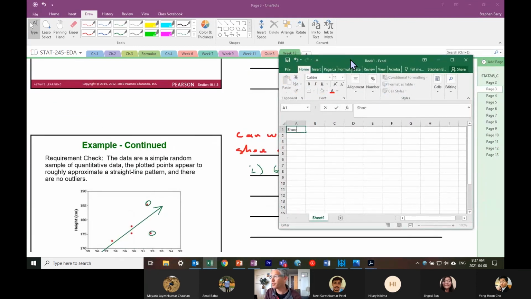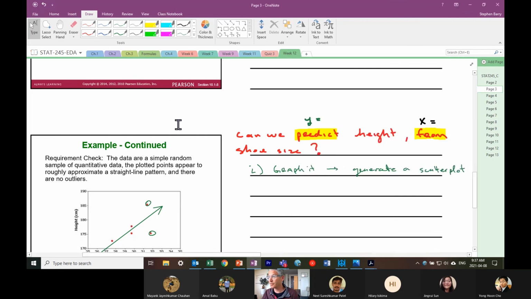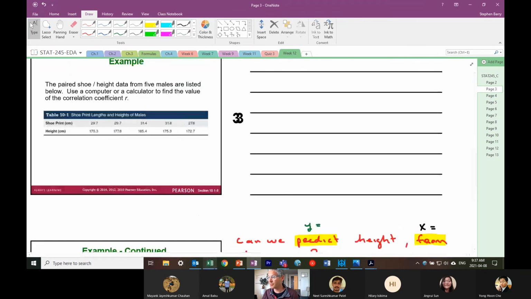Right, so you can just put in your variables, like shoe size, and then height. And you would just go ahead and put in your numbers.